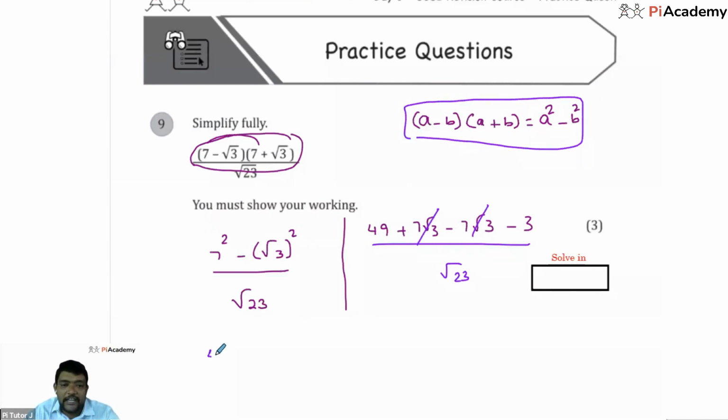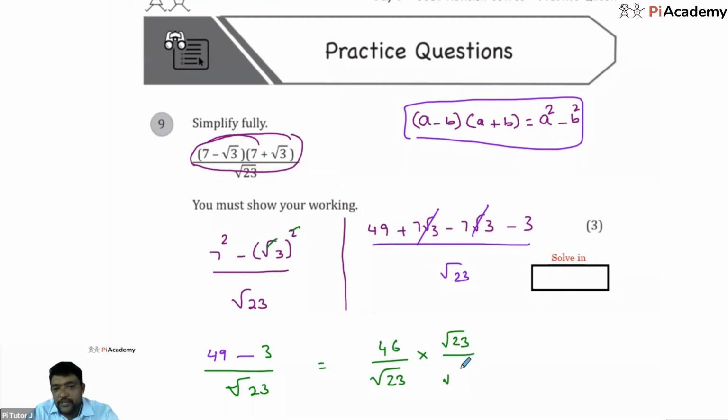So 7 square is 49, minus root 3 whole square. You can cancel the square and root: 49 minus 3 over root 23. So which is basically 49 minus 3 is 46 over root 23. Now you need to rationalize the denominator. For rationalizing the denominator, you multiply the numerator and denominator with the rationalizing factor of the denominator.